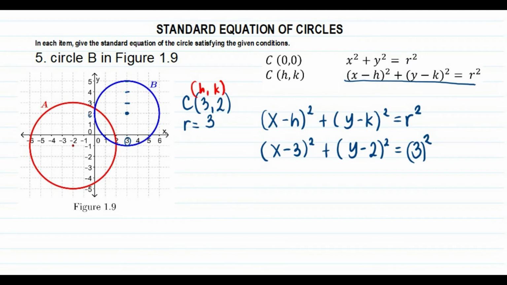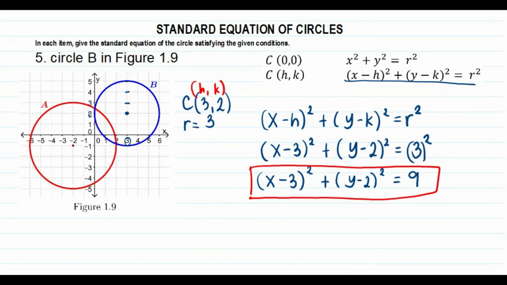Now, to finalize our answer, (x minus 3) squared plus (y minus 2) squared equals 9. And this is the standard equation of the given circle. Lagyan lang natin dito, center is at 3, 2, and the equation is (x minus 3) squared plus (y minus 2) squared equals 9. And that's it. Sana medyo nakukuha nyo na.